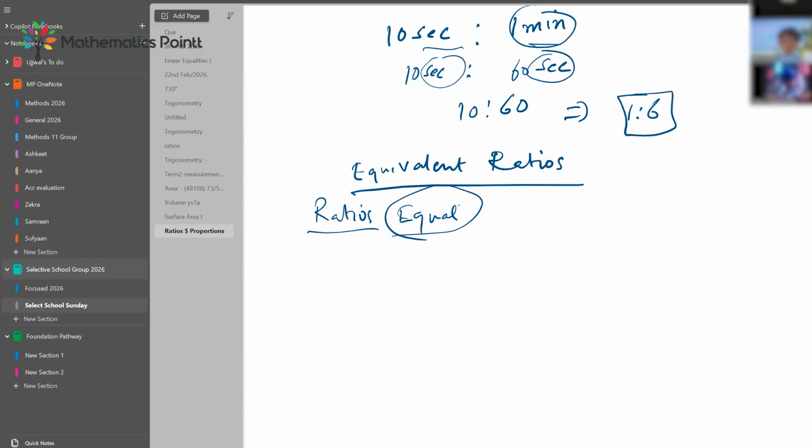Now, let us say I want to make a concentrate, a cordial, which takes one part of the concentrate and four parts of water, and I make a 5-part cordial mixture.